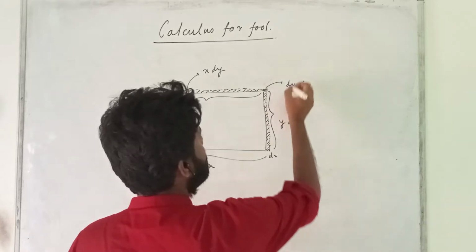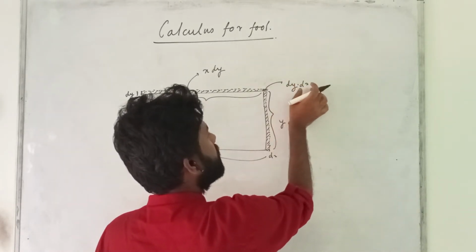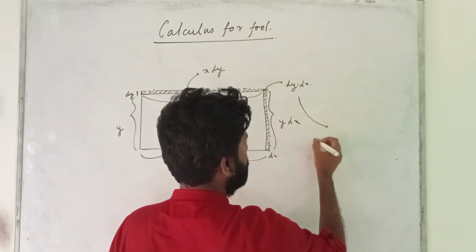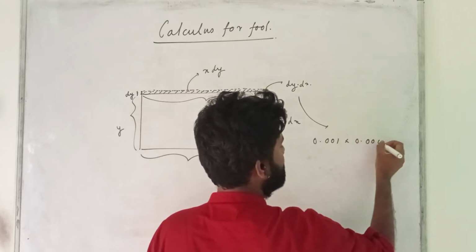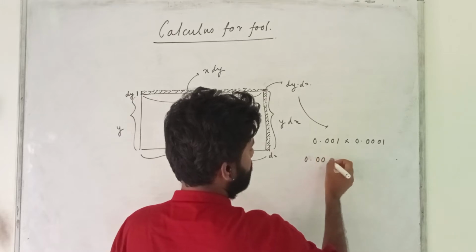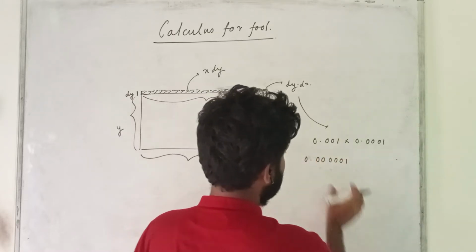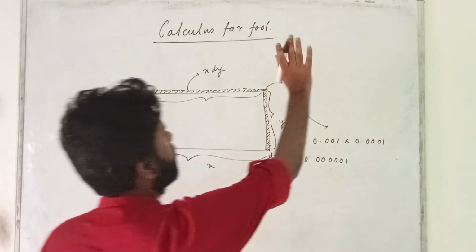So dy into dx means a very small quantity into a very small quantity, right? Let's say dy means 0.001 and dx means 0.0001. What do you get? 0.000001, and it is very small, so you can ignore it.